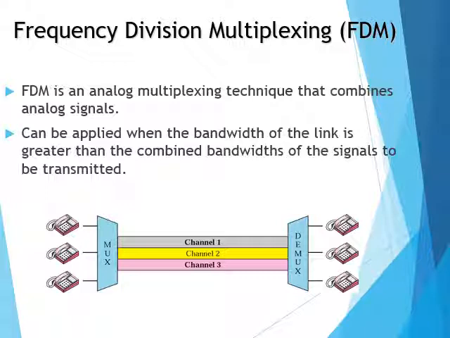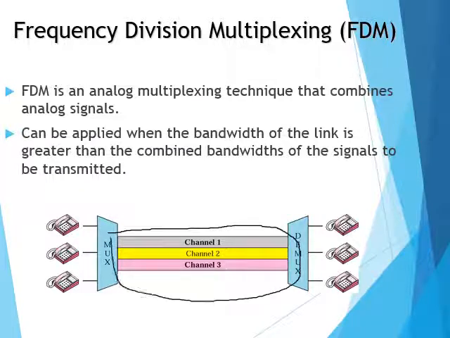FDM can be applied when the bandwidth of the link is greater than the combined bandwidth of the signals. You can see this is the link, and this is the combined bandwidth of the signals to be transmitted.